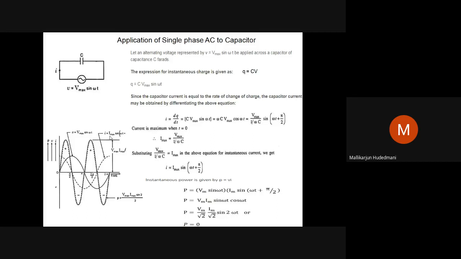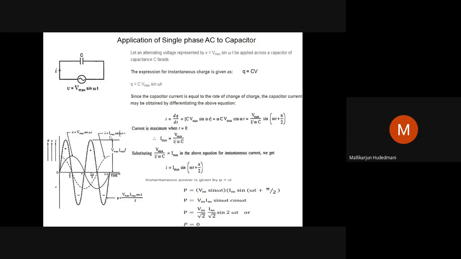I want to quantify that. The expression for the instantaneous charge present on the capacitor plates is given by Q equal to capacitance of the capacitor into voltage applied, that is Q equal to C into V. Why have I taken this, you might wonder.